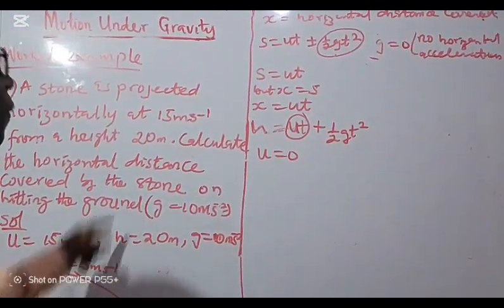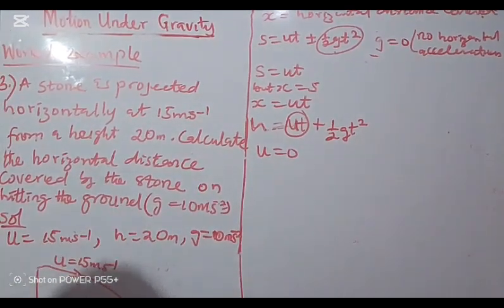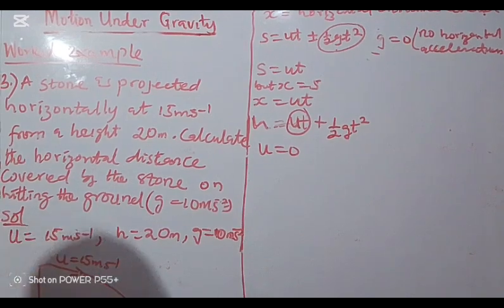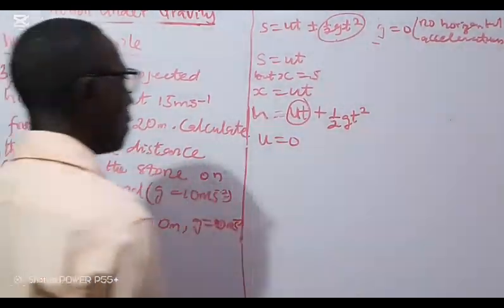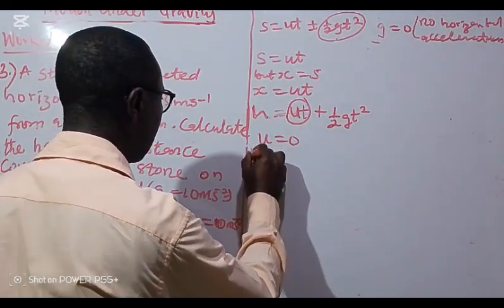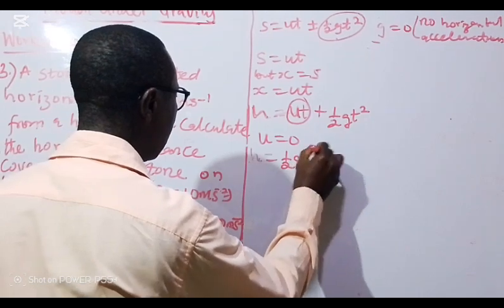But when you apply it to motion under gravity, as I said, the question joins the two topics together, then our u will be equal to 0 when that object is coming down. So if u is equal to 0, we are now left with h is equal to half gt squared.